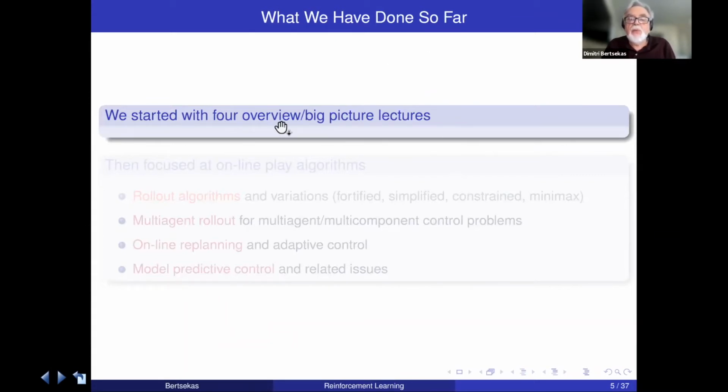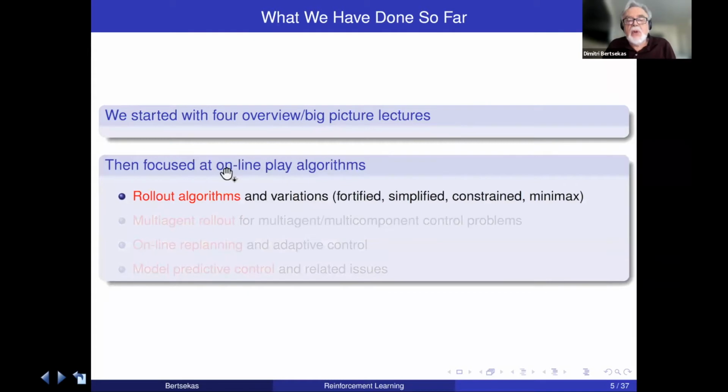We started with 4 overview lectures, which were intended to give you the big picture and to get you started with your term paper or mini project. And we focused on online play algorithms. And there were several of those that we discussed, rollout algorithms and their variations in finite horizon, and also as the very first iteration of the fundamental policy iteration method for infinite horizon problems.